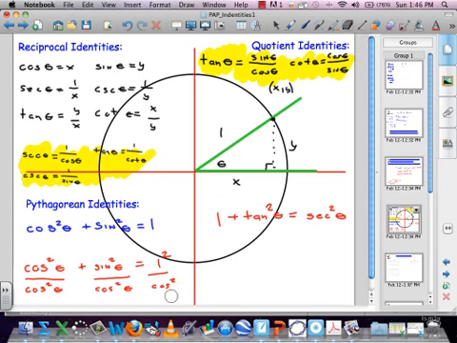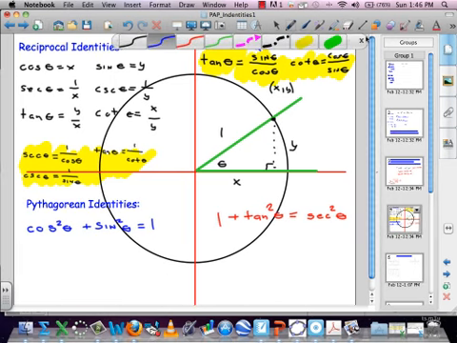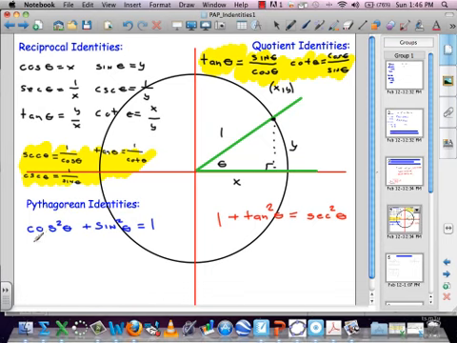So that's the second Pythagorean identity, and it came from doing something legal to both sides. And if we do the same thing except divide both sides by sine squared theta, we'll end up with this: 1 plus the cotangent squared of theta is equal to the cosecant squared of theta.